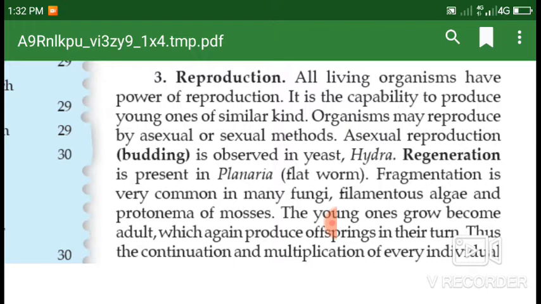Asexual reproduction is observed in yeast, hydra, and planaria-like animals, and also in plants. Fragmentation is common in fungi, filamentous algae, and protonema of mosses. The young one grows to become an adult, which again produces offspring in its turn.